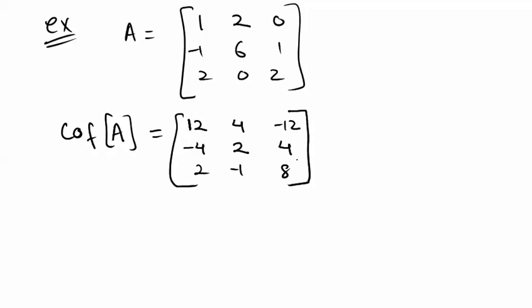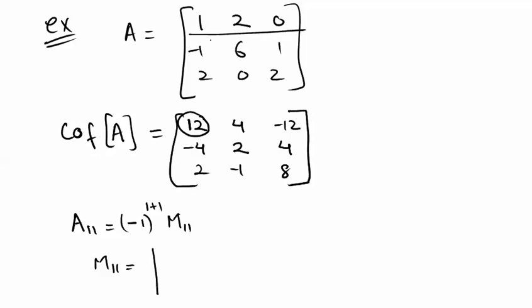I'll just show you one cofactor, that is cofactor element A11. A11 will be -1 to the power 1 plus 1 into M11. First of all, we will find M11. M11 is nothing but leaving the first row and first column. So you get 6, 1 and 0, 2.